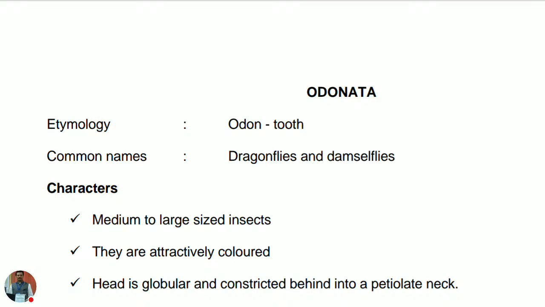The characteristics of these dragonflies and damselflies together are described below or described under Odonata.